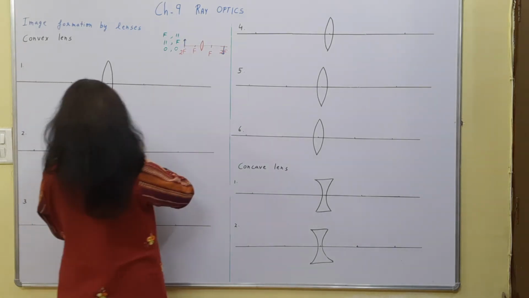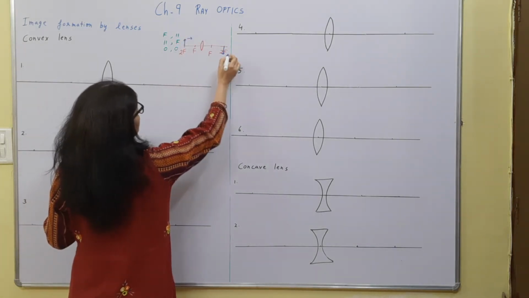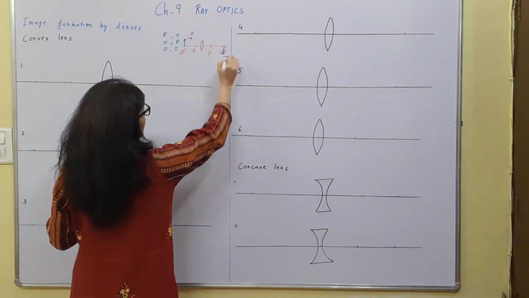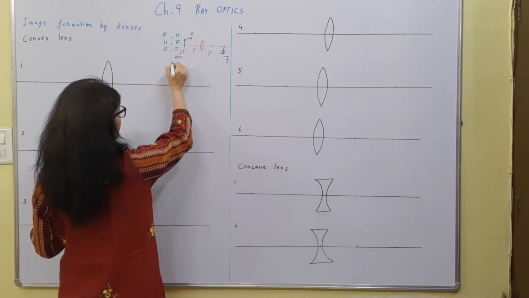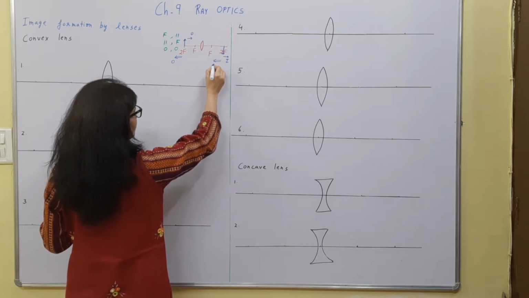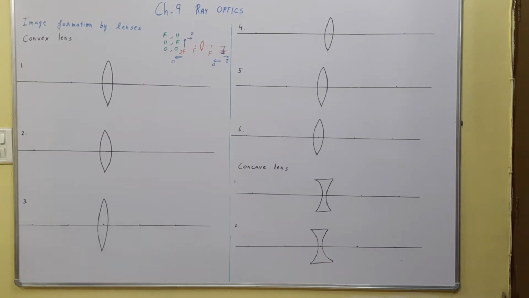But if the object shifts right side, then the image also shifts right side. If object shifts left side, then the image also shifts left side. So this is what you have to remember while drawing the diagrams.